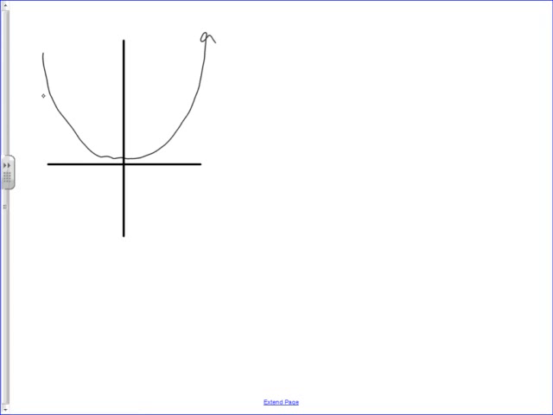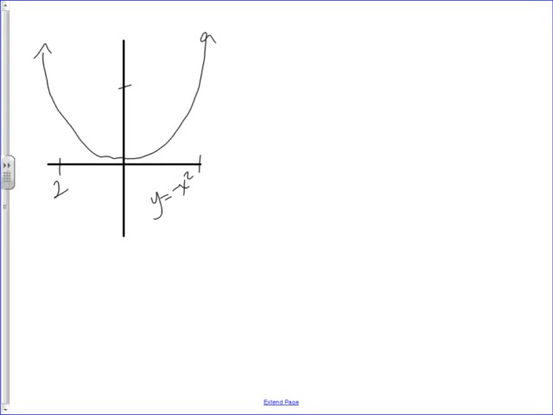Let's see what this looks like graphically. All right, so let me draw a graph. I'm going to draw y equals x squared, or at least as close as I can get to it. Close enough. All right, so this is y equals x squared.